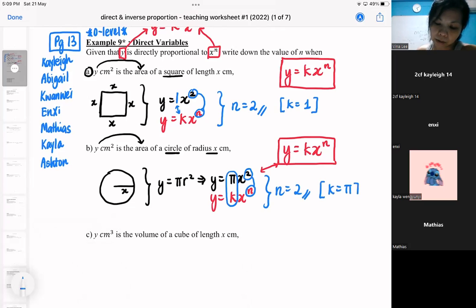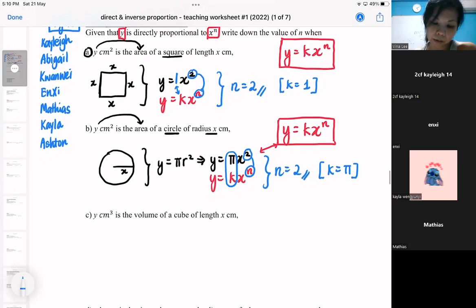Anyway, k is a number. So for every context, I'm going to compare it with the direct proportion formula. They can come up with a lot of contexts, and your job is to compare with the formula.